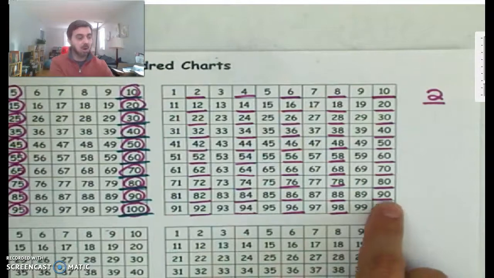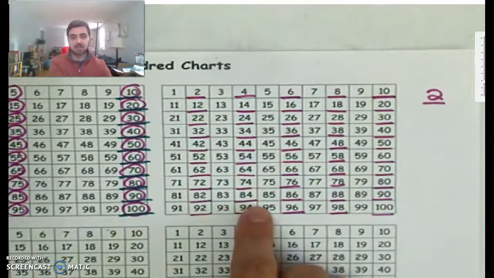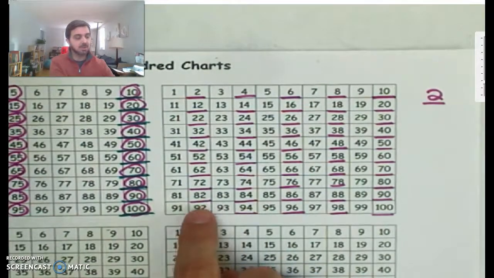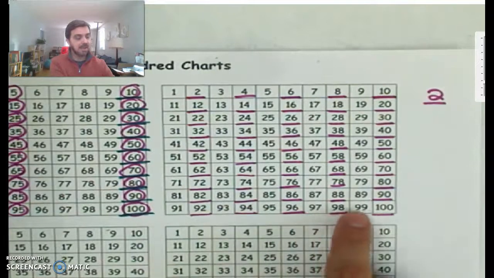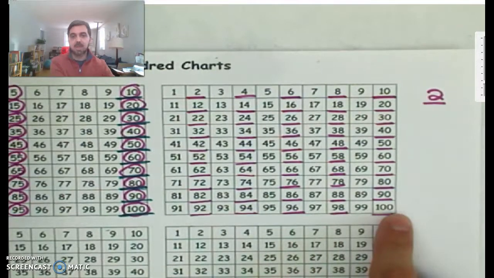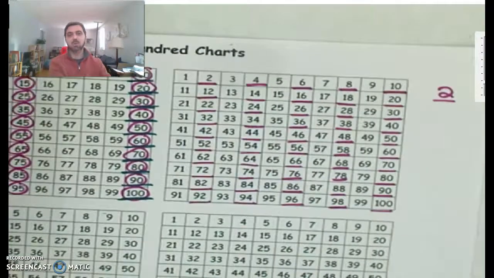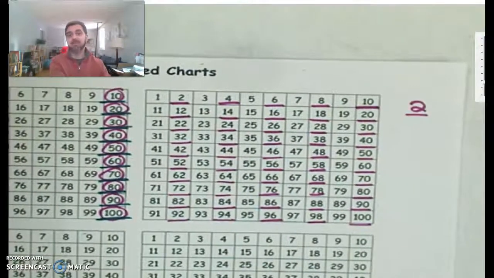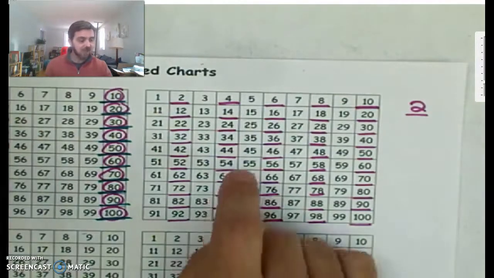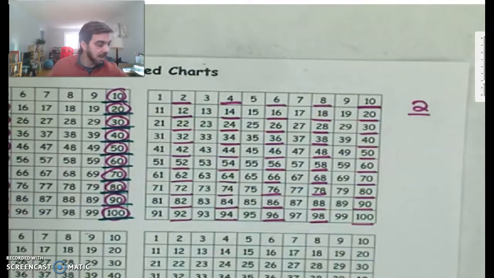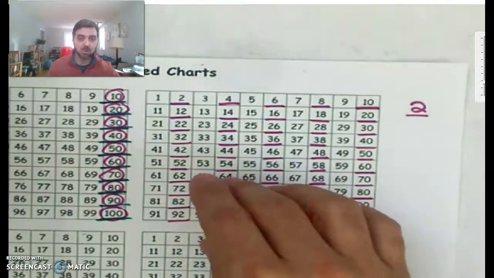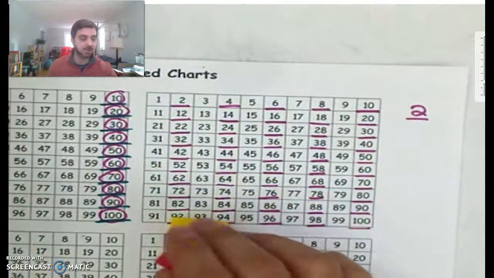Okay, because these are all even numbers, and they all end in a 2, 4, 6, 8, or 0. It also means that any of these numbers you could break into 2 whole halves. So if I had 54 square inch tiles, I could put them into 2 equal groups. Okay, I could do that.